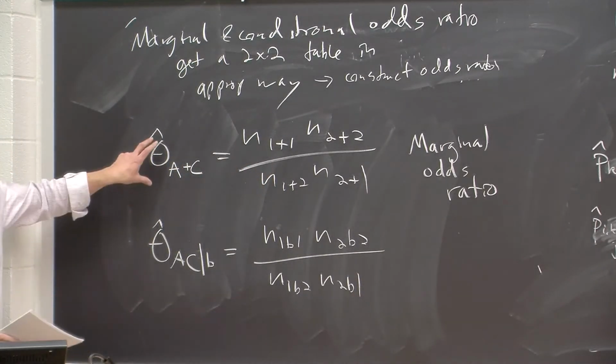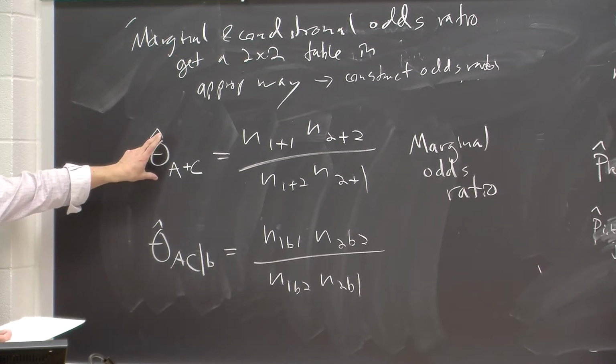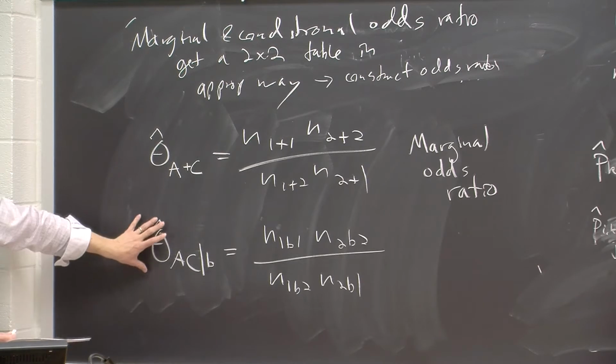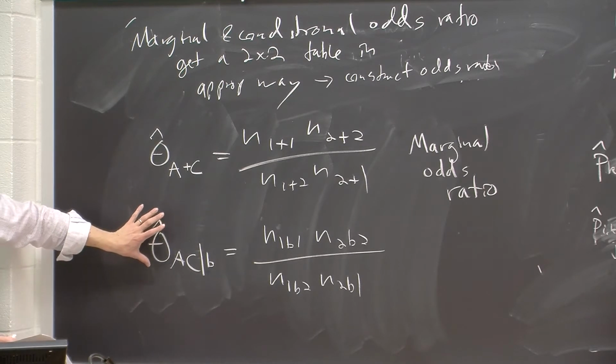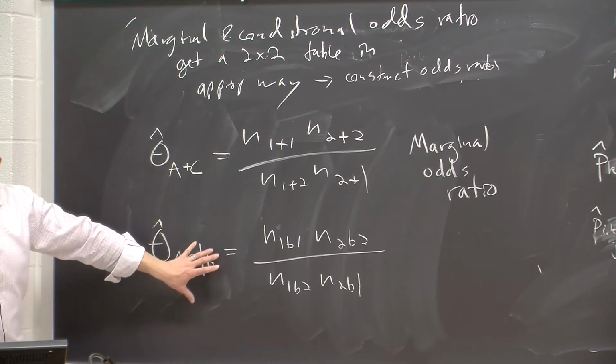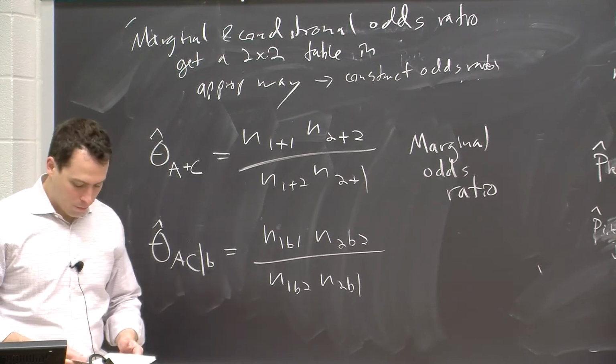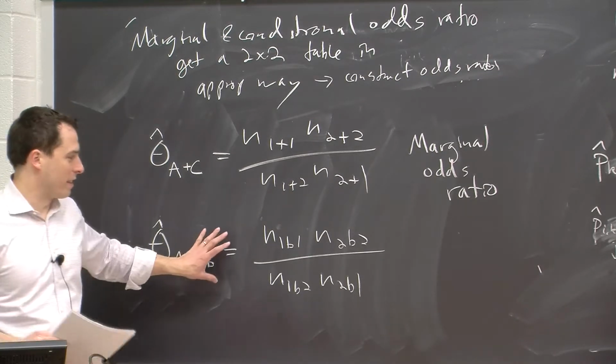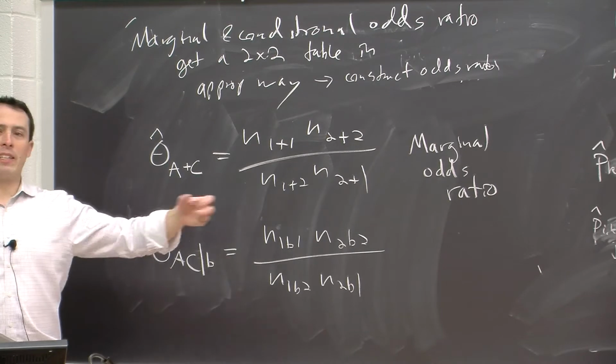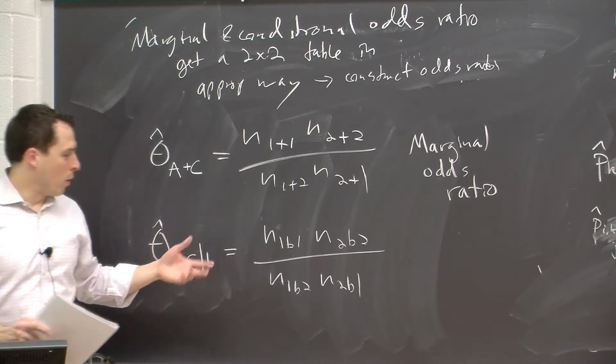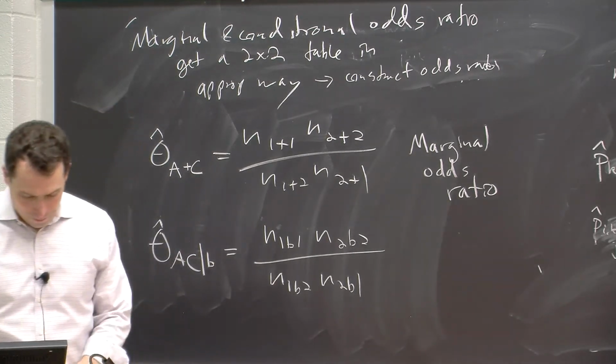Okay, so if the marginal odds ratios are 1, we would say that the table is marginally independent. If the conditional odds ratios are 1, we'd say that we've seen conditional independence in this table. Conditional independence is this idea that we've kind of explained away something, explained away one factor in terms of another.